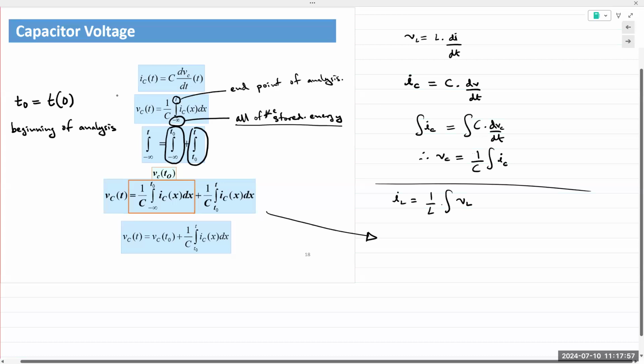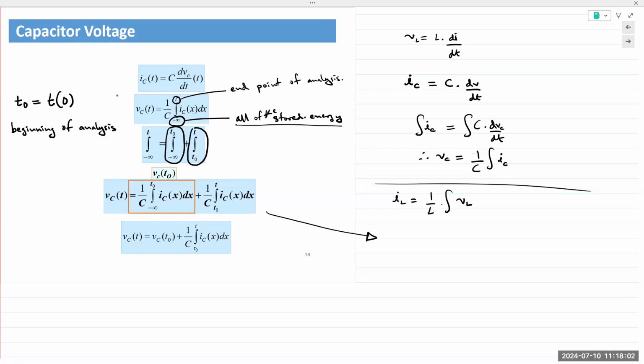Okay, that beginning point of analysis could be anything. It's the moment you applied the input. It could be a second portion of the input. It could be a third portion, doesn't really matter when. But we analyze a system between a certain time point, and t0 would signify that point in time where you begin your analysis.